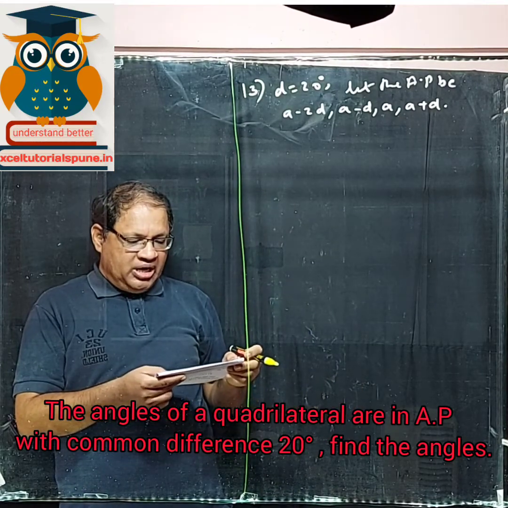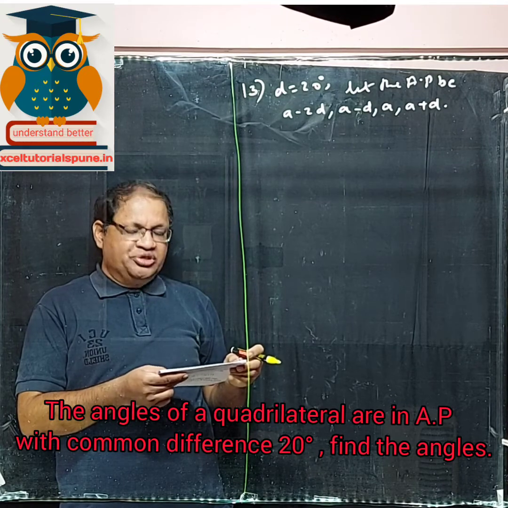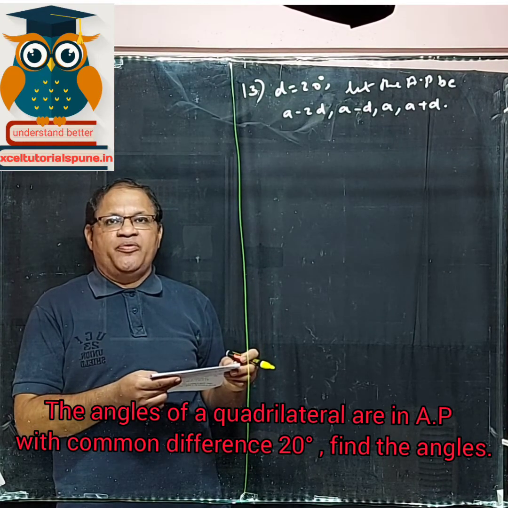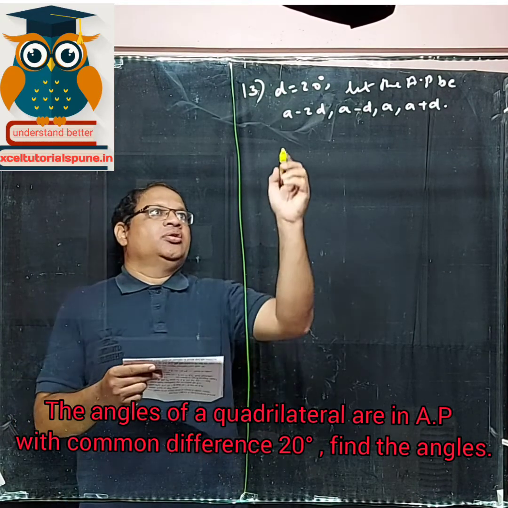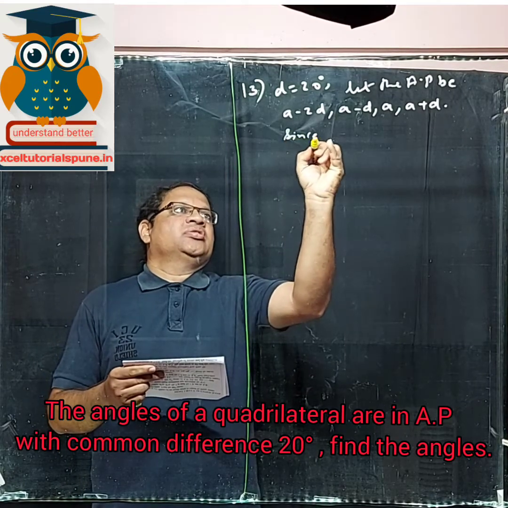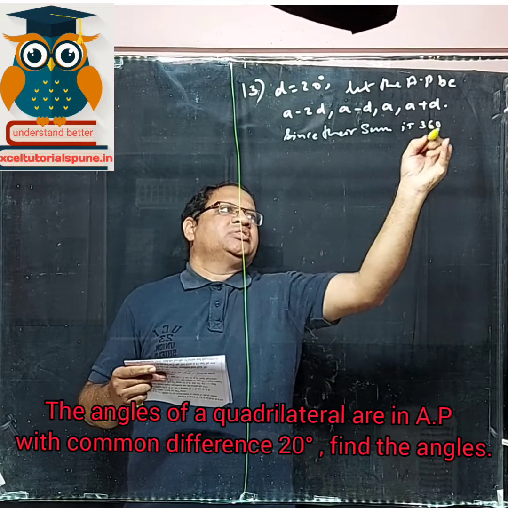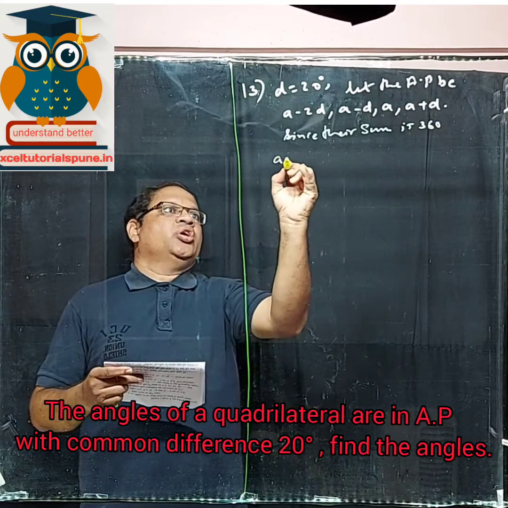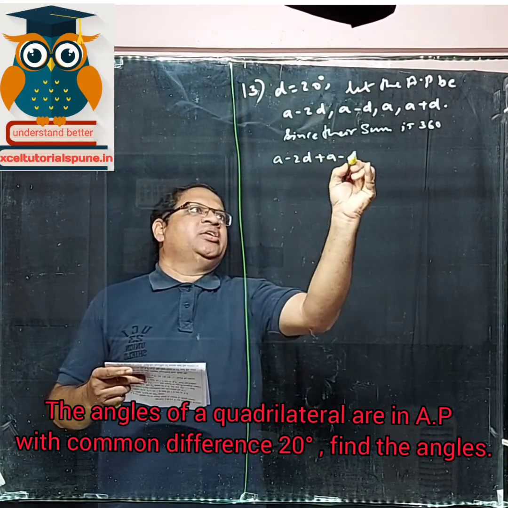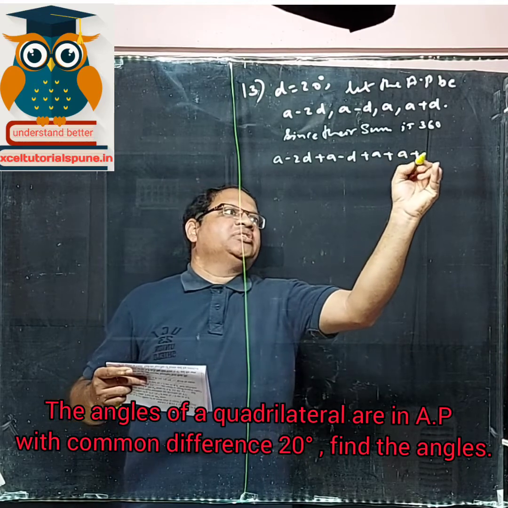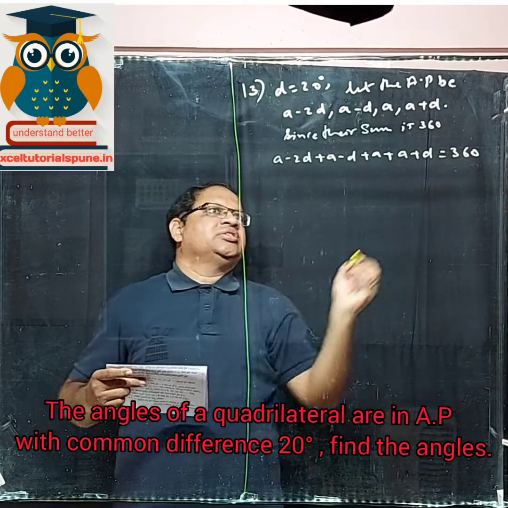Now the sum of the angles is usually 360, right? Sum of all the angles in a quadrilateral, since their sum is 360. Okay, so a minus 3d plus a minus d plus a plus d plus a plus 3d is equal to 360.